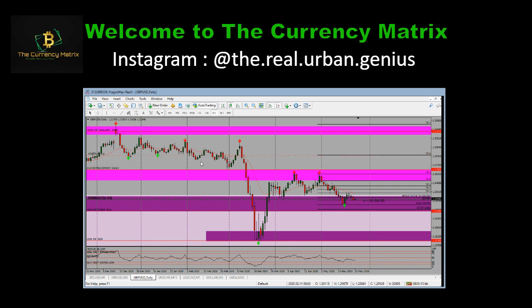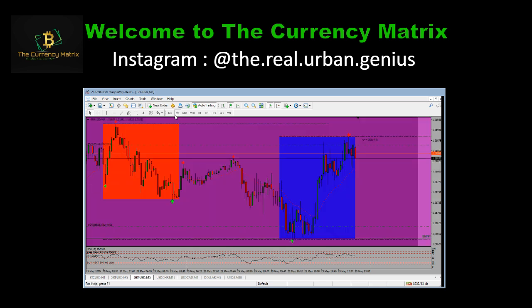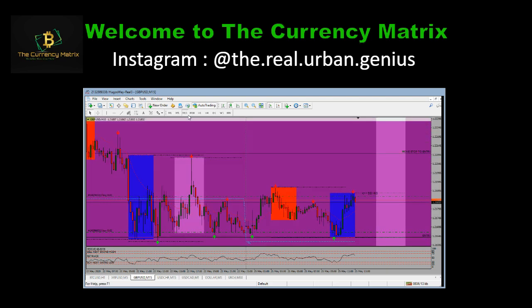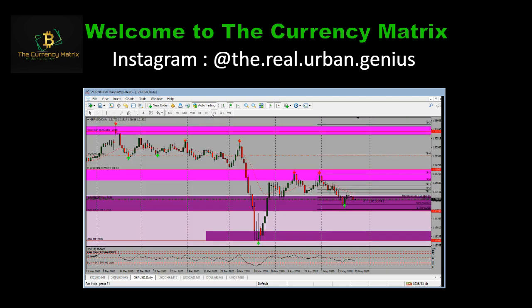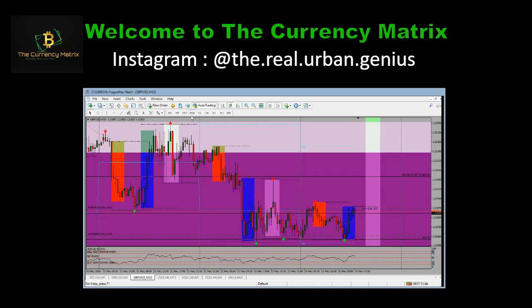So again, for educational purposes, this is a very prominent opportunity to go long in the market with the pound USD. So that, ladies and gentlemen, are the key charted levels on the pound USD.